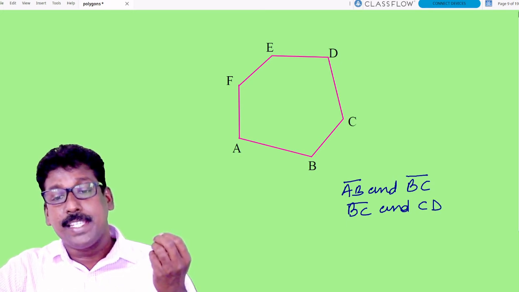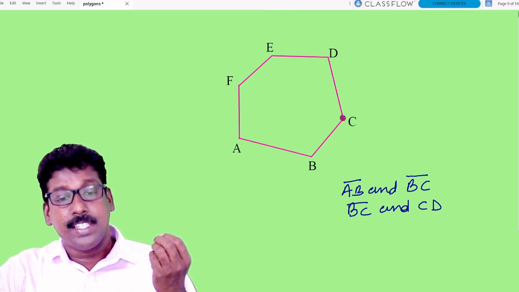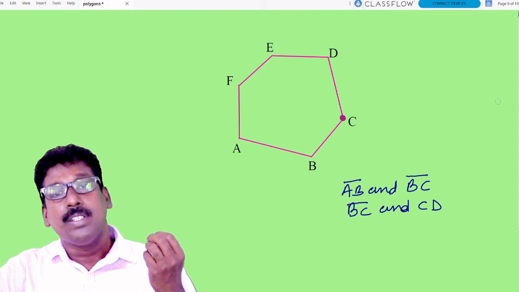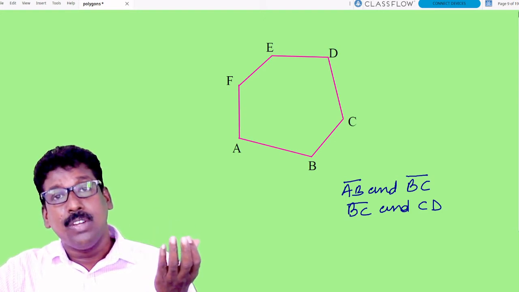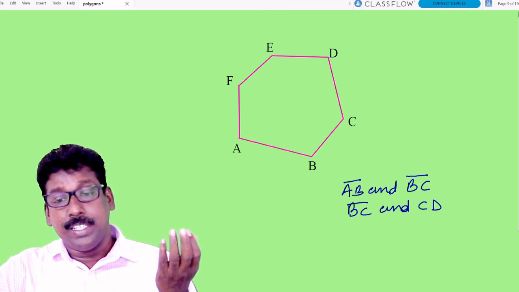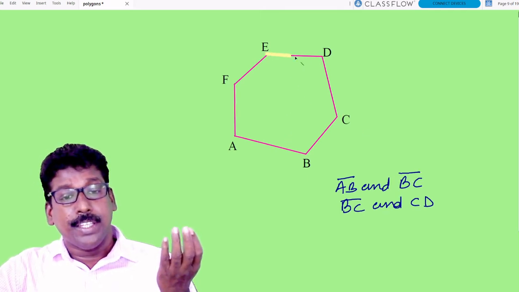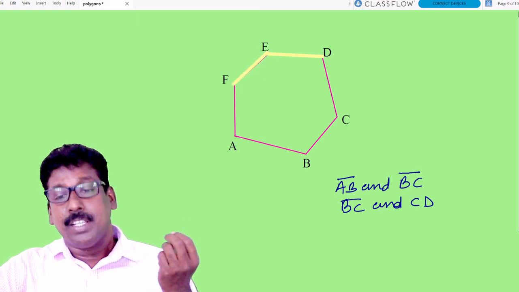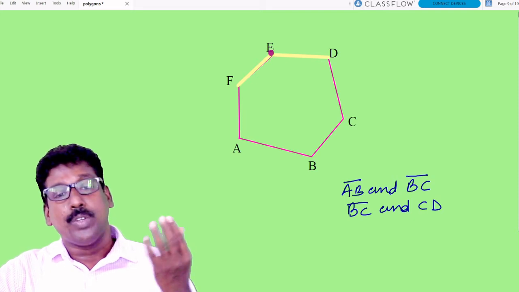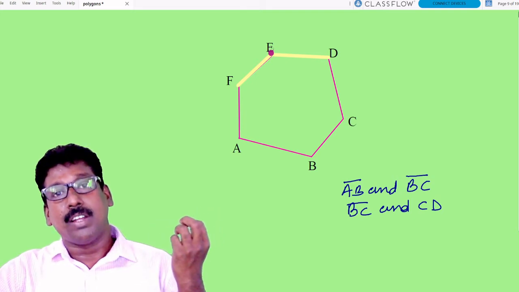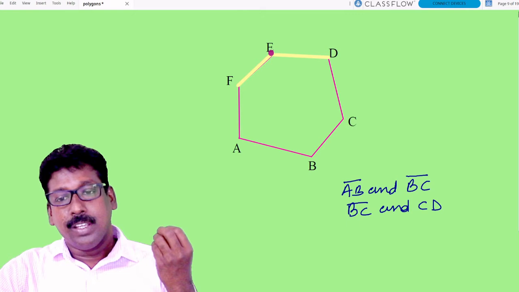Here for BC and CD, C is common. Similarly, can you say another pair of adjacent sides? Yes, here you take ED and EF. Here E is the common point, so ED and EF are adjacent sides.